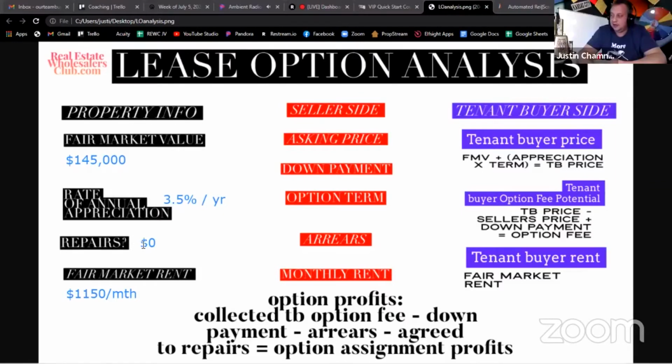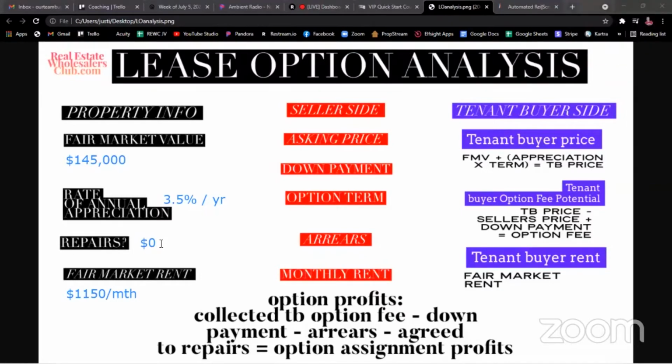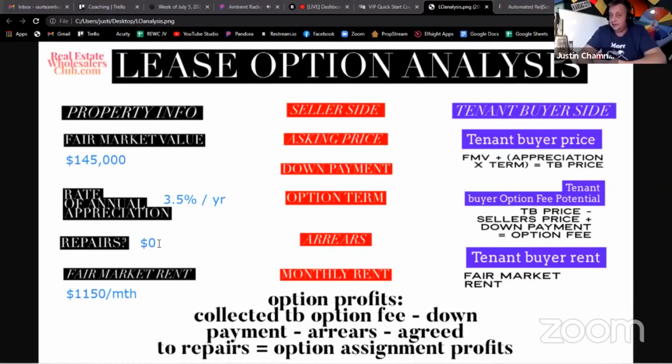Repairs, 0. I would ask the homeowner, right? Is this where I would get the repairs kind of estimated in my mind? How would I do that? Just by asking the homeowner? Asking qualified questions, asking about it, and then looking at pictures. Hey, are these pictures current? Well, that's a good question.